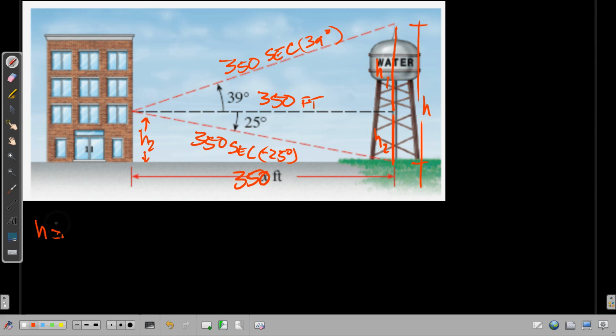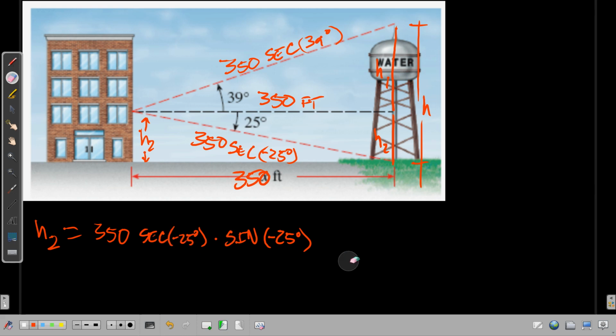Then H2 must be equal to 350 secant minus 25 degrees, that's R, the radius, but then it would be times sine of minus 25 degrees. Now secant times sine, that's tangent.